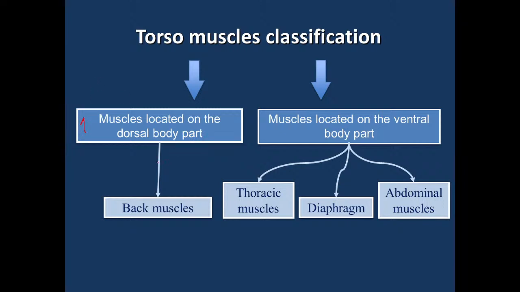These are the muscles located on the dorsal body part, and all of these muscles we call back muscles. But group number 2 is the muscles located on the ventral body part, and I hope you remember that the first group is the muscles located on the dorsal.